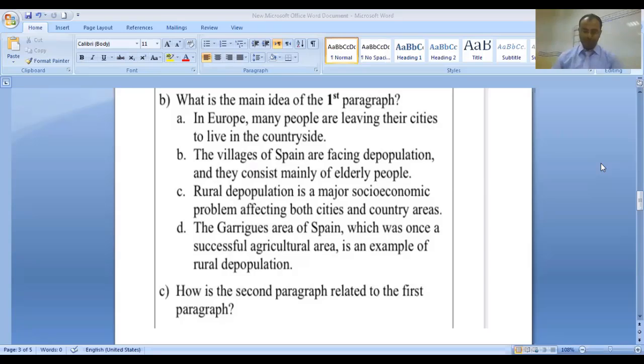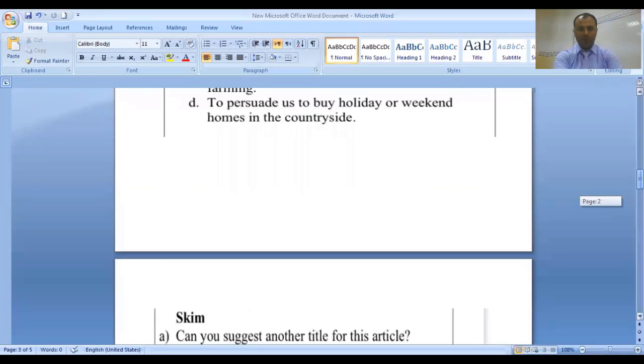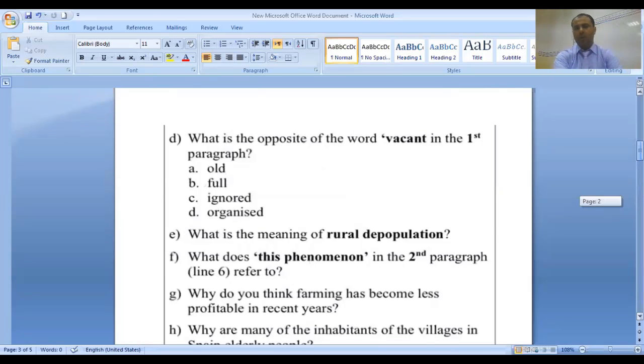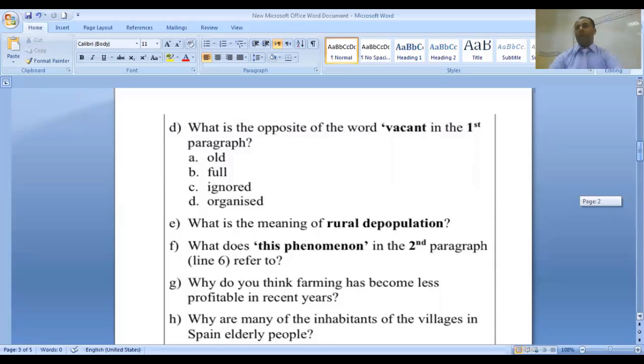No. Okay. Let's move to the third question. Now, we have a new word, vacant, and we explained the meaning. Vacant means empty. Now he wants the opposite. What is the opposite of vacant? We have four choices: old, full, ignored, or organized. Anyone knows the answer?